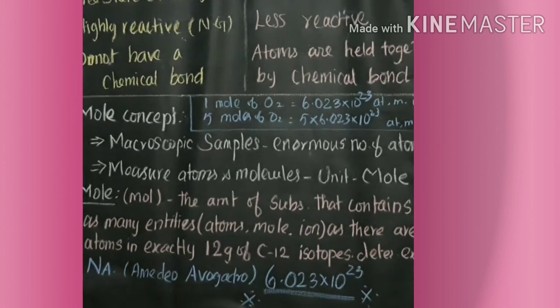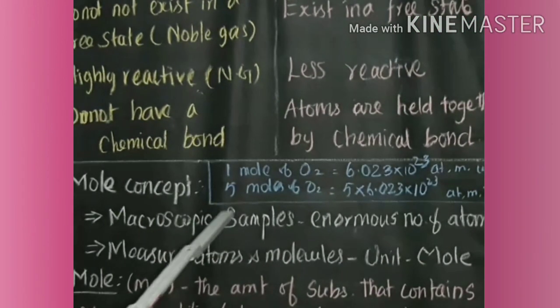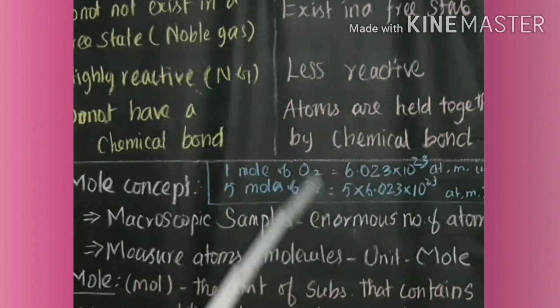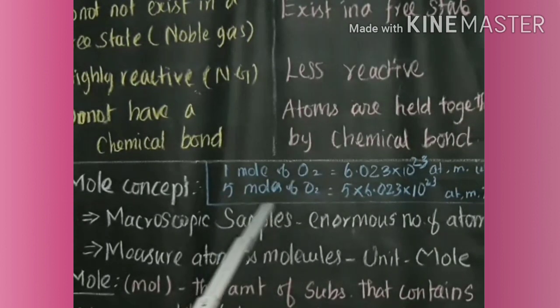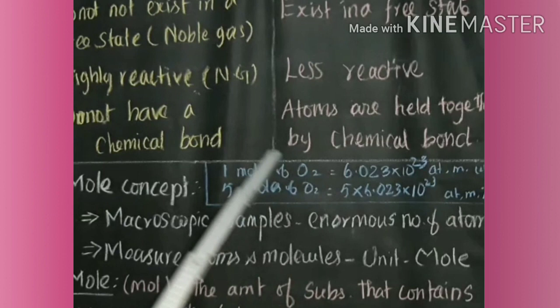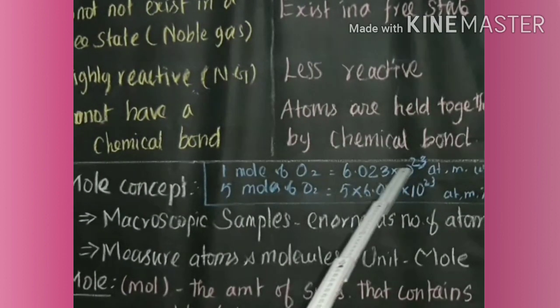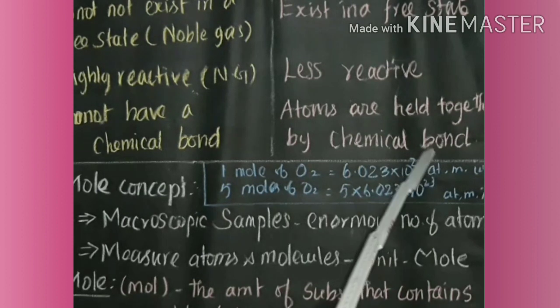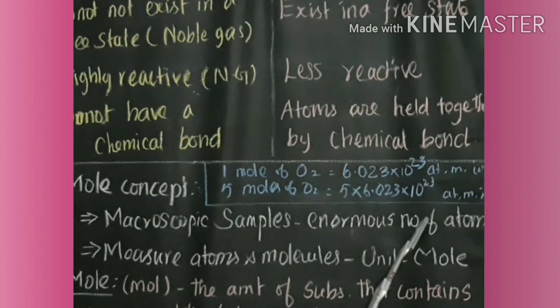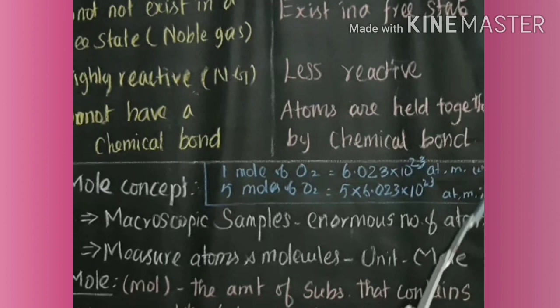Is it clear? For example, if we consider 1 mole of oxygen, it definitely contains 6.023 into 10 power 23 atoms or molecules or ions.